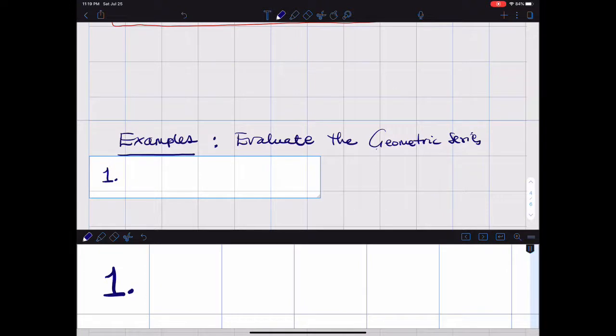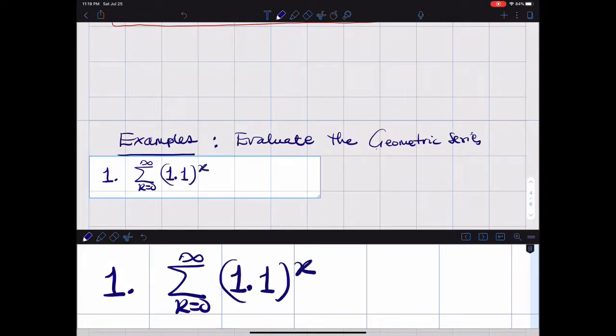This is the first one: the summation k from 0 to infinity of 1.1 to the power of k.